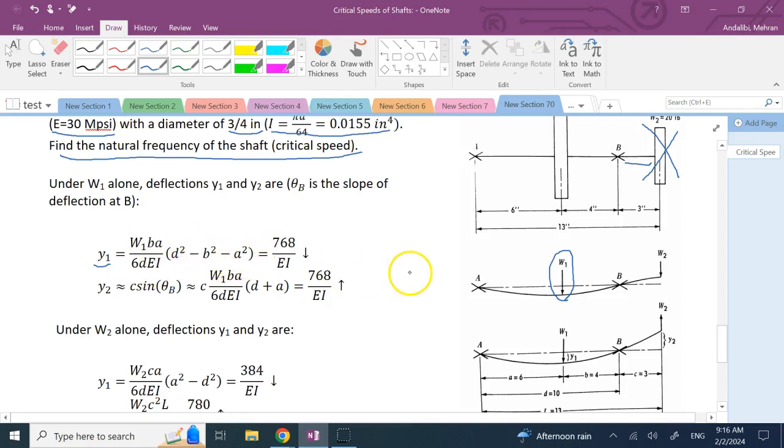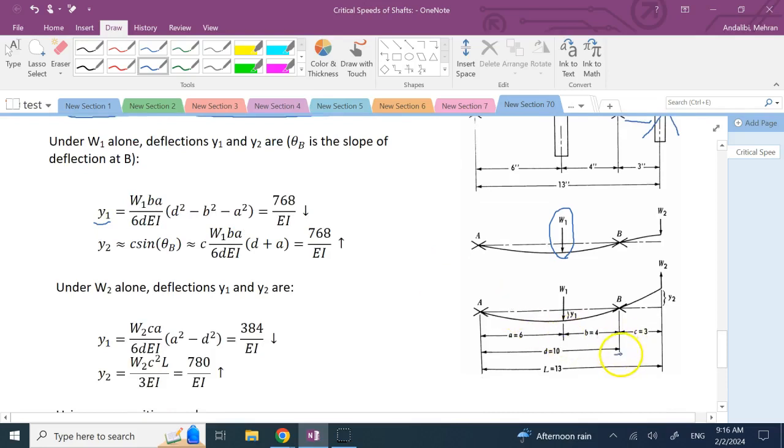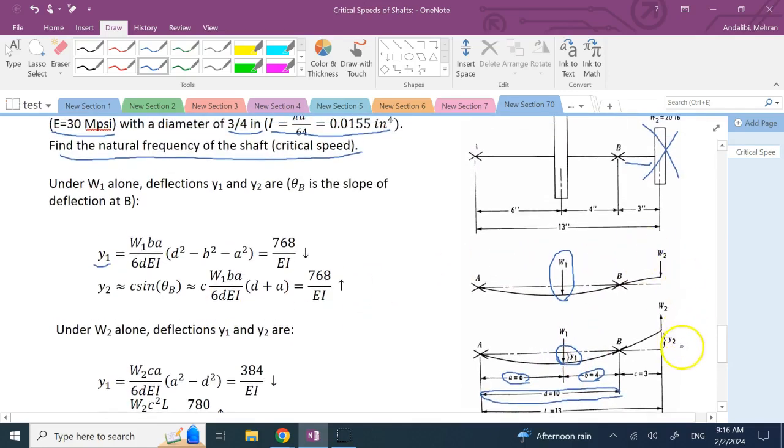Where D is the total length between the bearings, and A and B are the distances of W1 from the two bearings. So you can find Y1 for that, and this gives you the displacement under load W1.